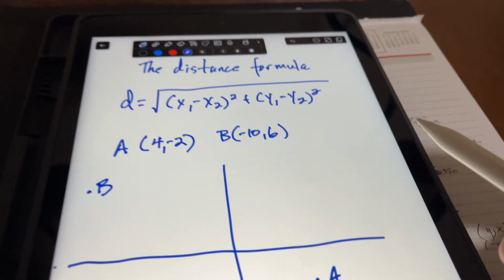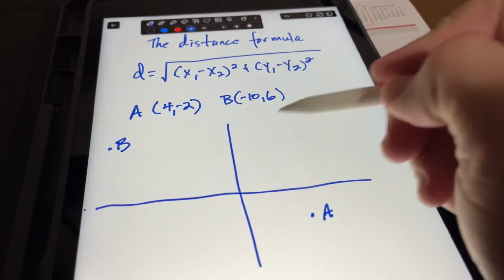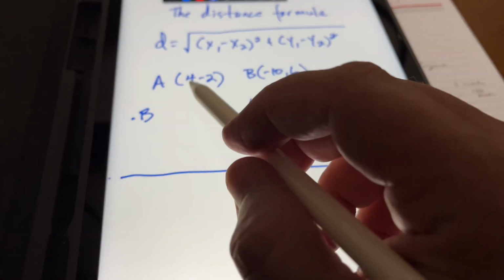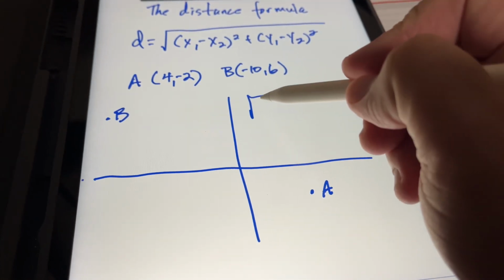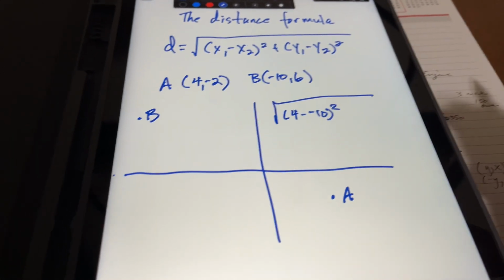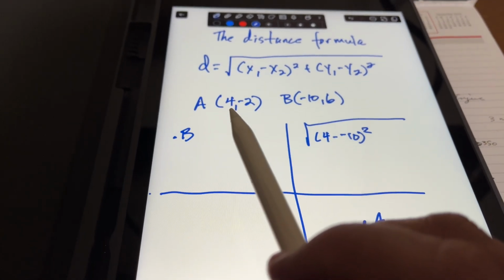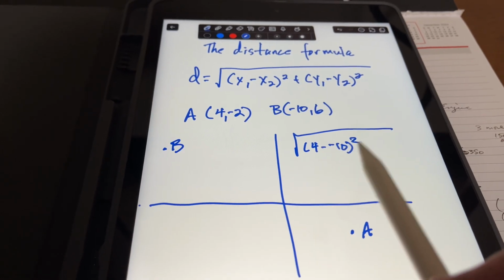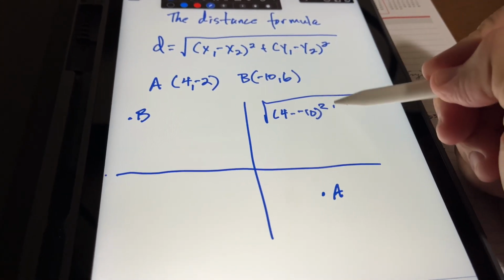So let's do that. I'm going to start right here. I have 4 minus -10, squared. So there's x sub 1 minus x sub 2. So it looks like this, squared. Let's do the y's.